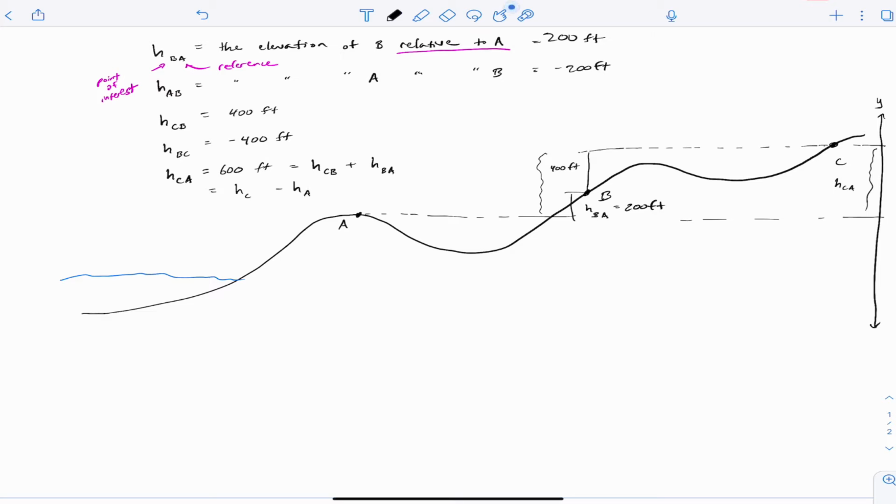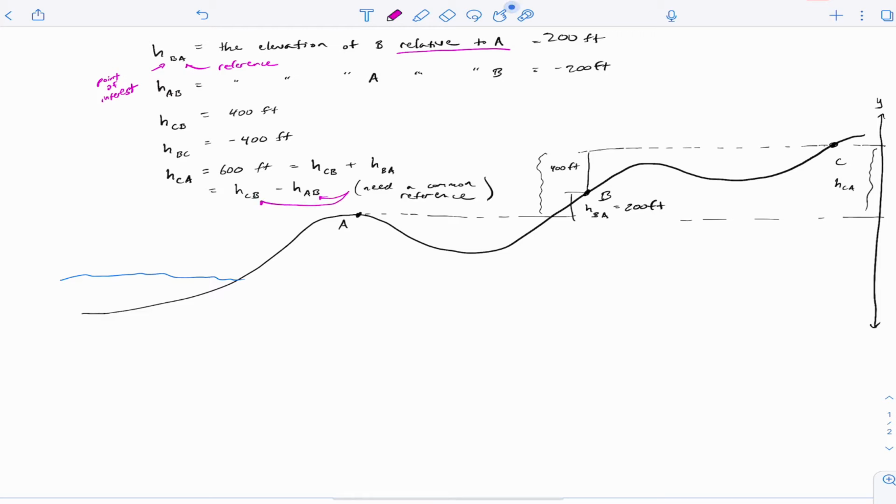But the thing I want to point out here is C does not have its own height. It's not an absolute property of C. This is a relative property, relative to sea level or relative to something else. In fact, what I'm going to do is I'm going to go relative to B, for example. So in either case, a common reference is needed.